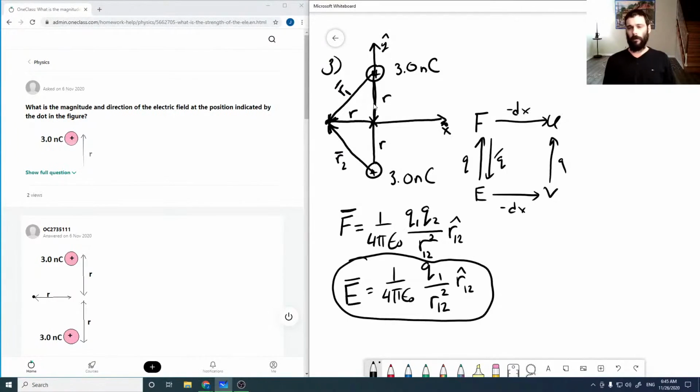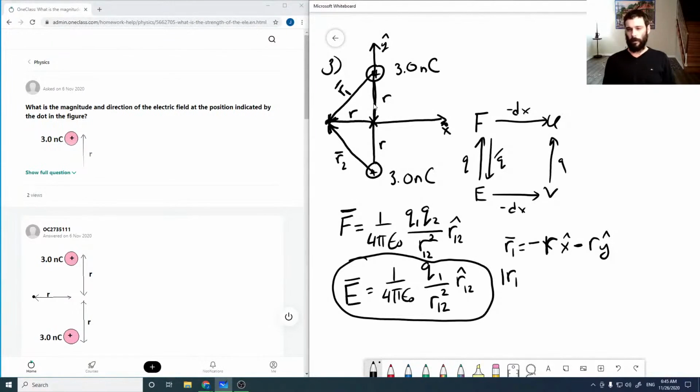Okay, so R1 is, looking at it from the positive charge, minus R in the Y hat, minus R in the X hat. So minus R X hat, minus R Y hat.